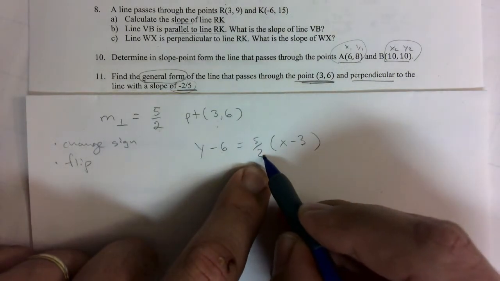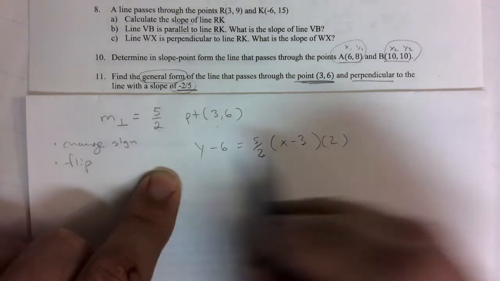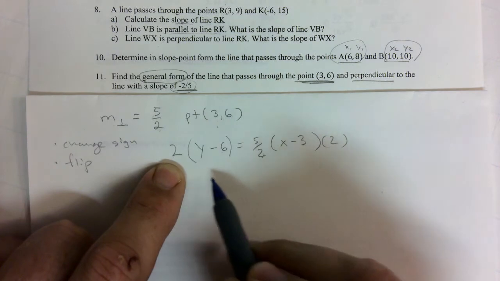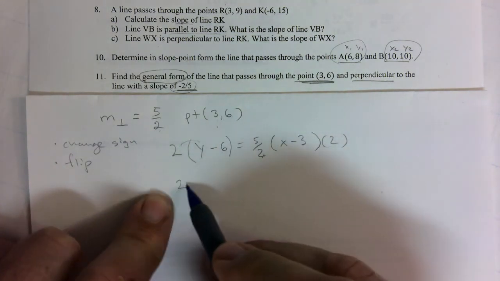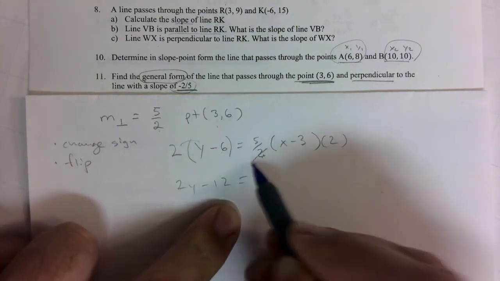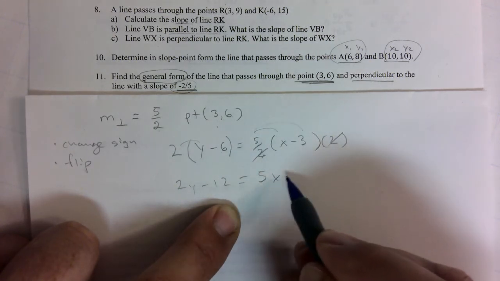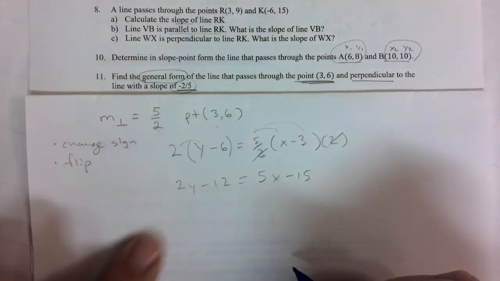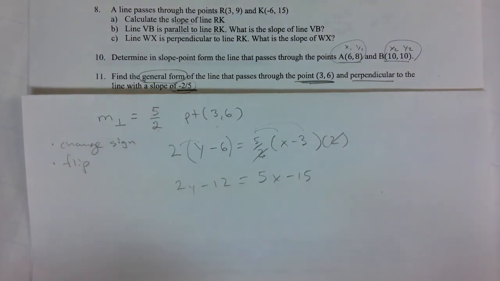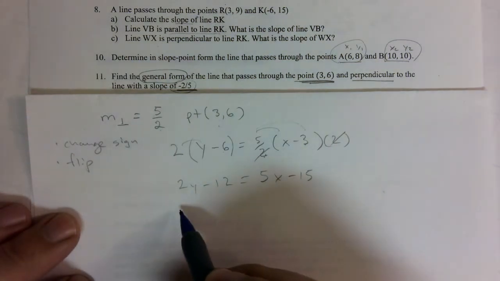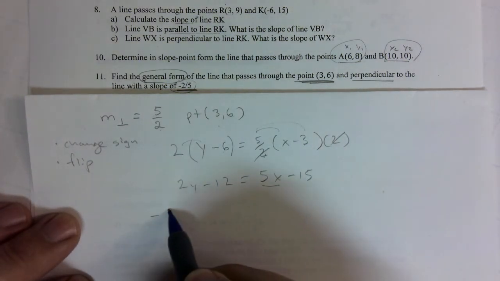Okay, so let's get rid of the 2. Multiply this by 2. Multiply this by 2 like that. Okay, so you get 2y minus 12. Here you cancel out, and so you distribute the 5. That's 5x minus 15. And here you got to see, what do you want? You want general? Okay, then I need to bring everything over to one side. So the 5x comes over negative.